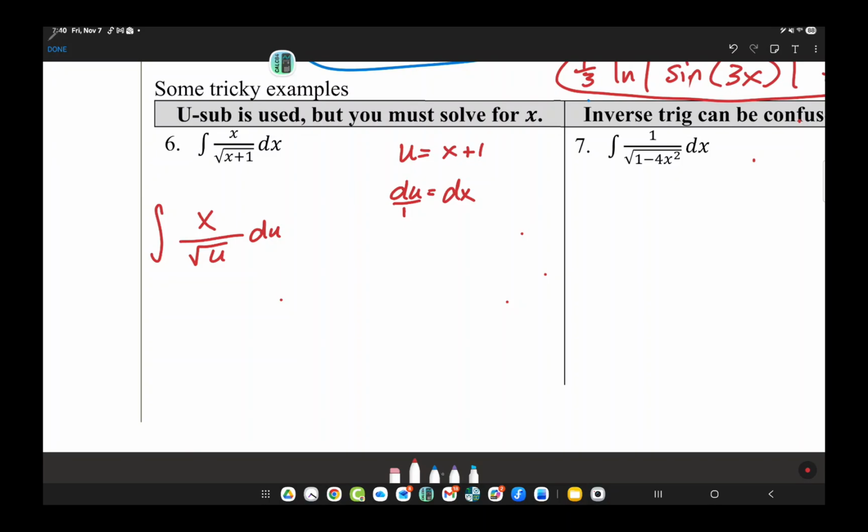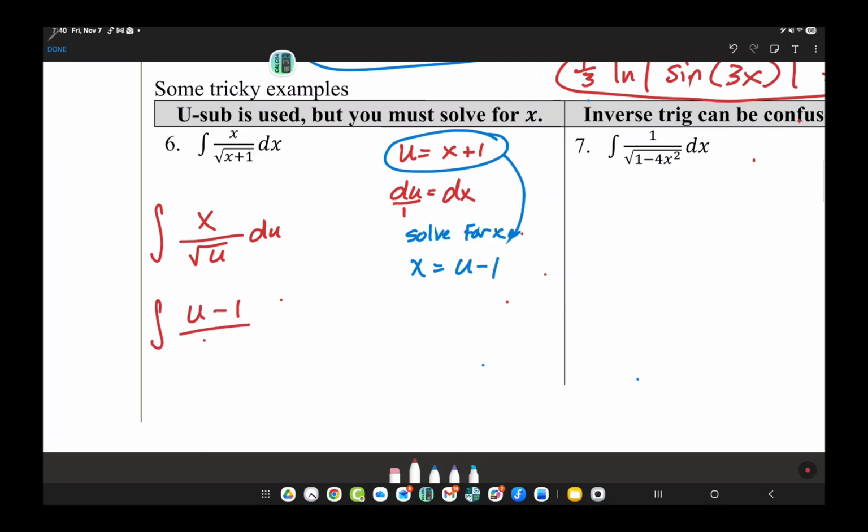What we want to do if x remains is solve for x using this. So if we solve for x, we would subtract 1 over and say x is equal to u minus 1. And then we can plug that in. Integral of u minus 1 over, we'll write that as u to the 1/2 to make this a bit easier.